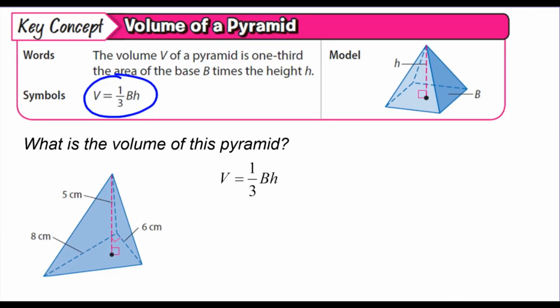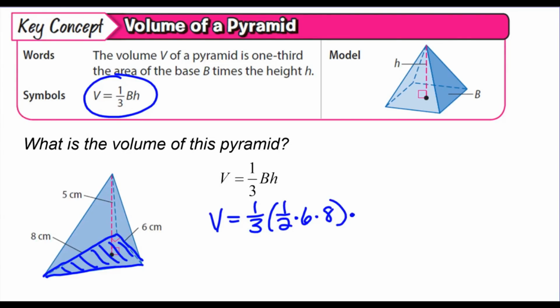So looking at this pyramid in this example, what is the volume of this pyramid? We want to look at the base, which here is a triangle. So we want to find the area of the base and take that times height, and then we want 1/3 of that. So our volume is going to be 1/3 of the area of the base, and it's a triangle, so that's 1/2 base times height. So 1/2 times 6 times 8, and then times the height of our pyramid, which is 5 centimeters.